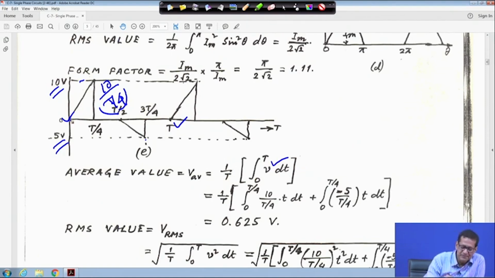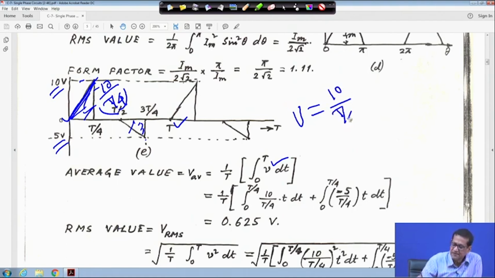So first we have to consider this area, and then we have to consider this area. For the straight line, the equation will be v equal to slope 10 divided by T by 4 into t, right? So for this part it is 1 upon T, then 0 to T by 4, 10 divided by T by 4 into t dt.